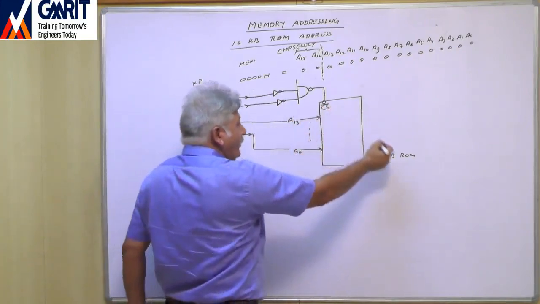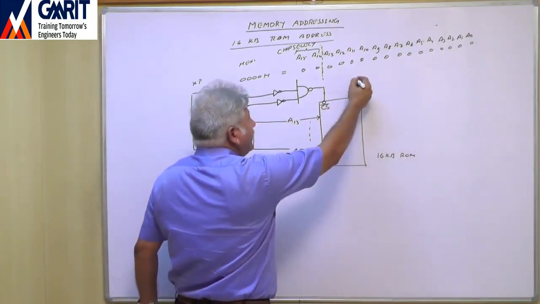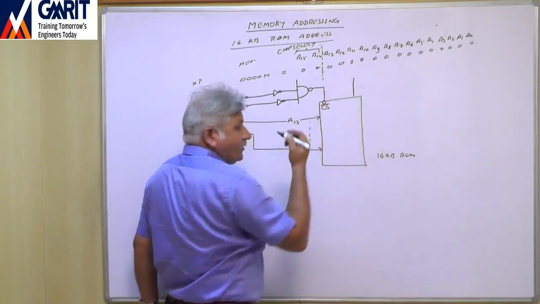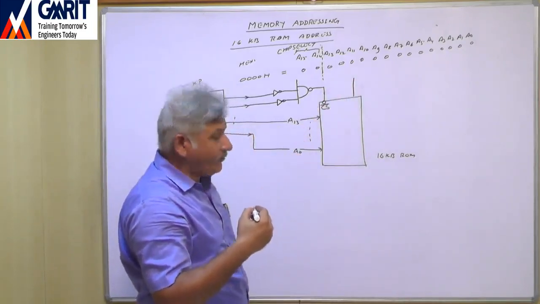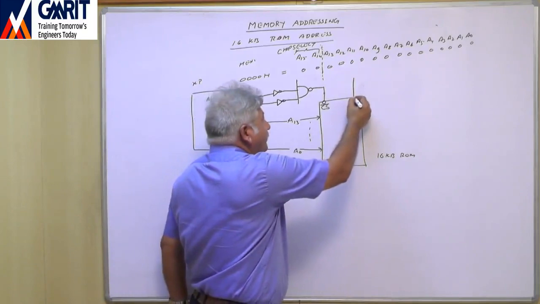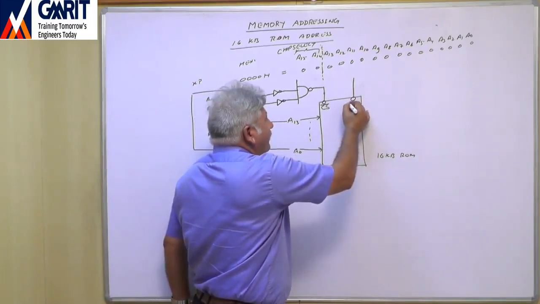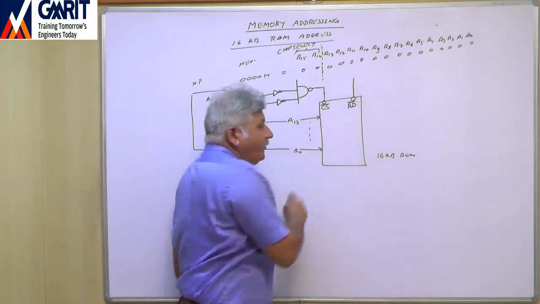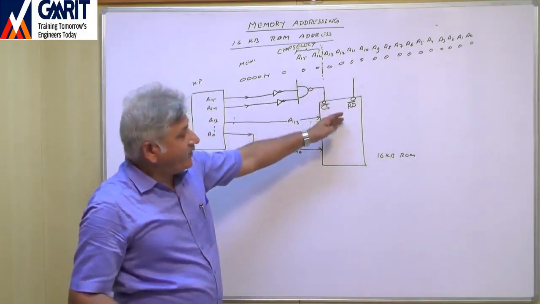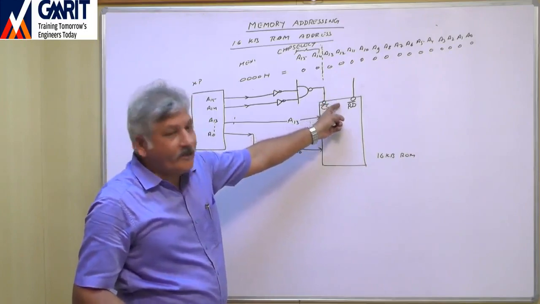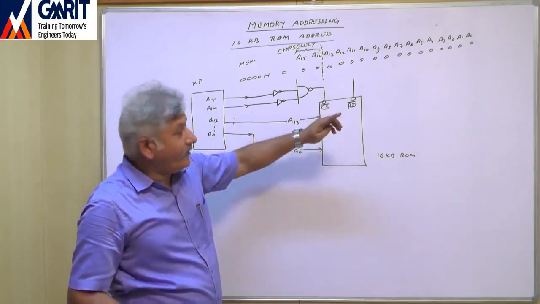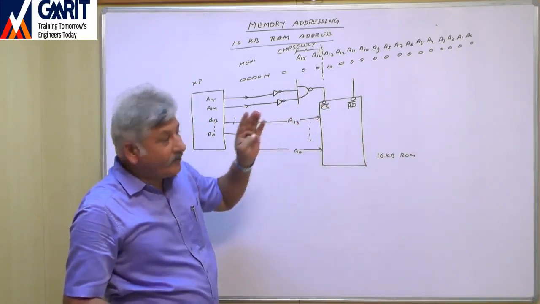Now, as usual, this is a ROM. In case of ROM, since we can only read from ROM, there is one pin called read bar, right? Since we cannot write inside this ROM, there is no write pin in ROM. Whereas in the last lecture we discussed RAM.